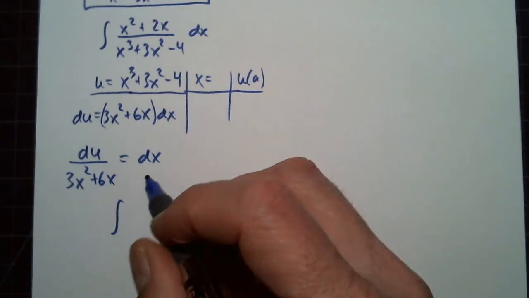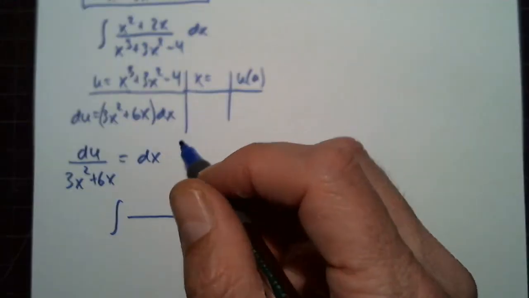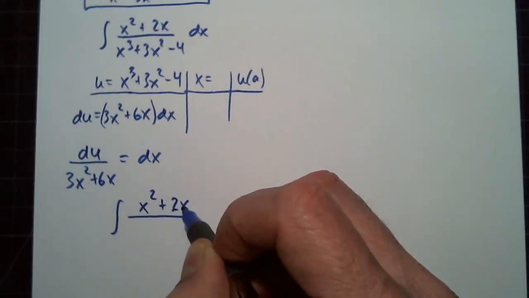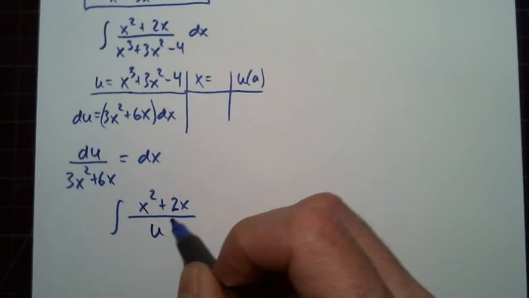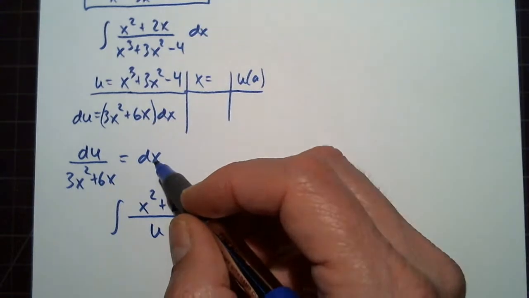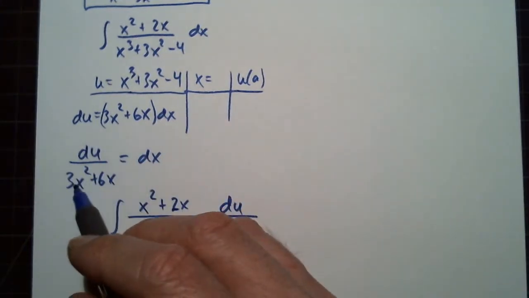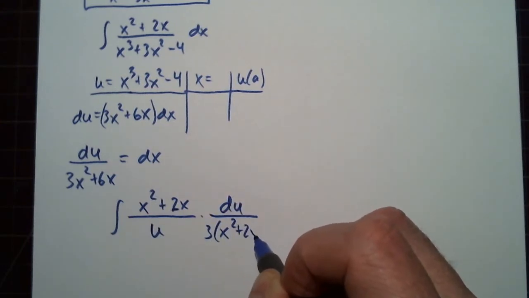And substitute so that the numerator is x squared plus 2x, and the denominator is u. dx equals this. And why don't we just factor out a 3, x squared plus 2x.